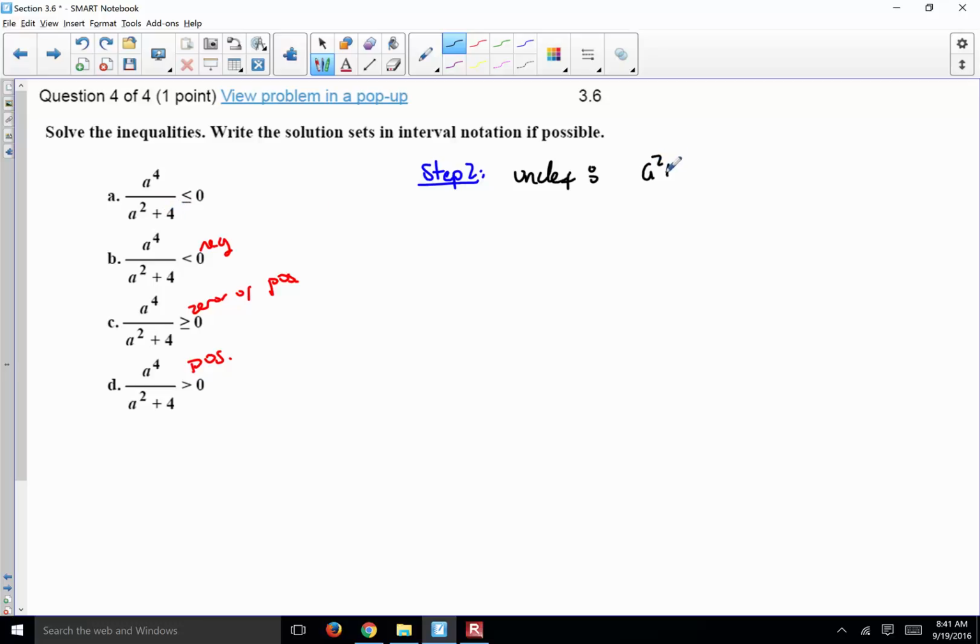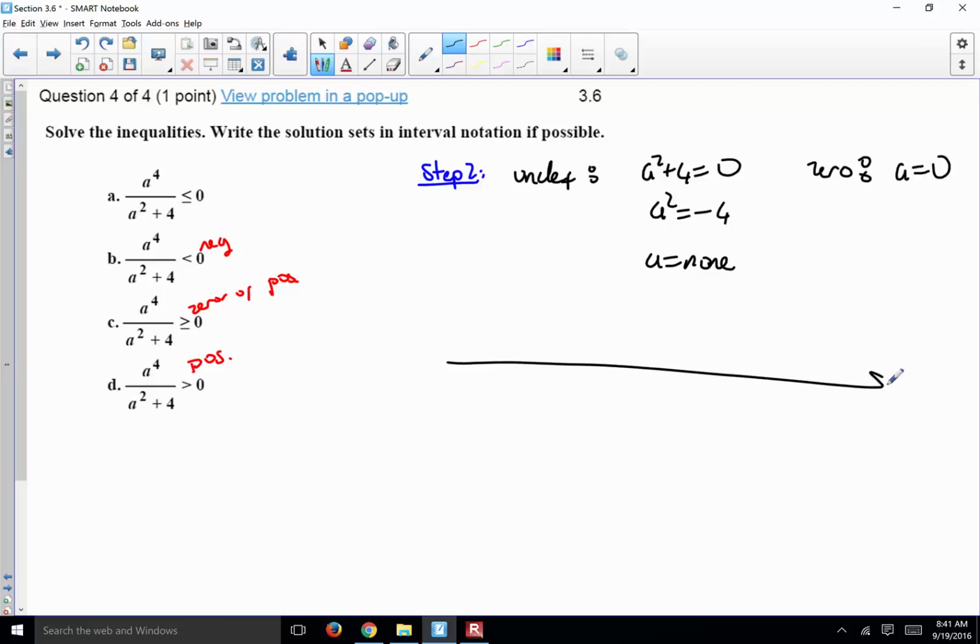Test it. I subtract 4 from both sides. None. No number squared becomes negative. No undefined value, but what about 0 values? Are there any values that make this 0? Yeah, we already tested that a minute ago. A equals 0. So there is only one boundary value here, 0.